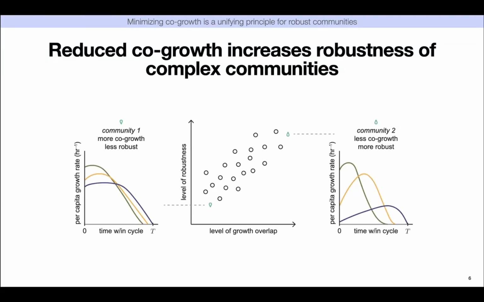In other words, there's more co-growth, and these communities will be less robust. So robust means resistant to perturbations. Yes, I'm about to get to the definition of robustness, but it's the time scales before this community diverges away from its stable composition. For communities in which the growth is more separated in time, we'll find that these are more robust.